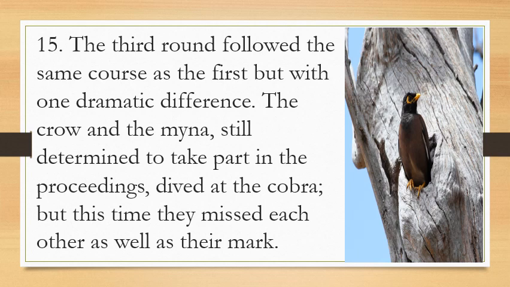Means the third time again the birds tried to attack the cobra in the same manner, but this time there was a change. They did not collide with each other.